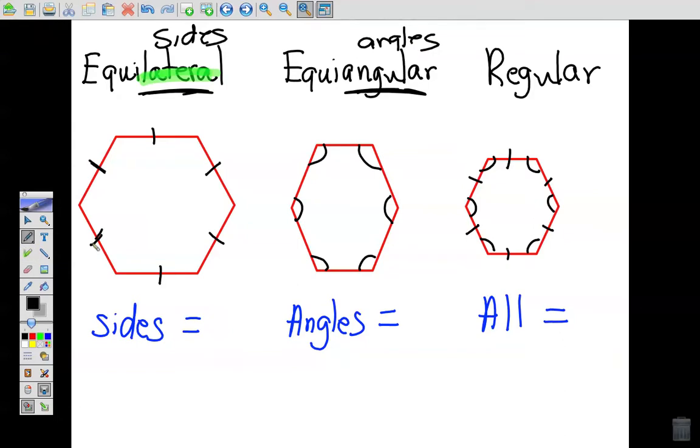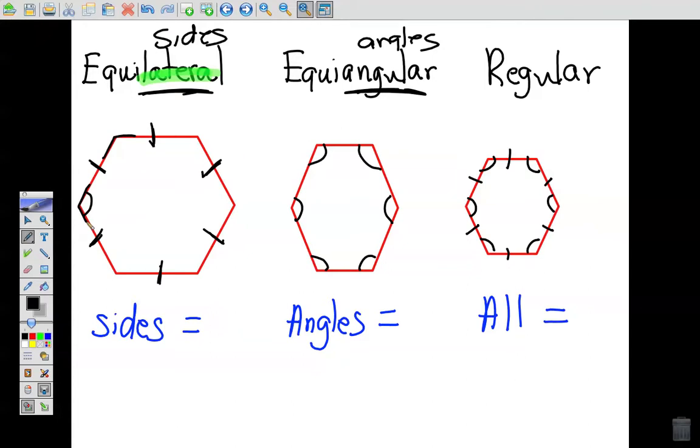Notice that in my figure, I attempted to make all the sides look like they're equal. So, when you have a figure where all the sides are equal, but all the angles are not, notice these angles are not all the same. This angle is a little wider than this one.